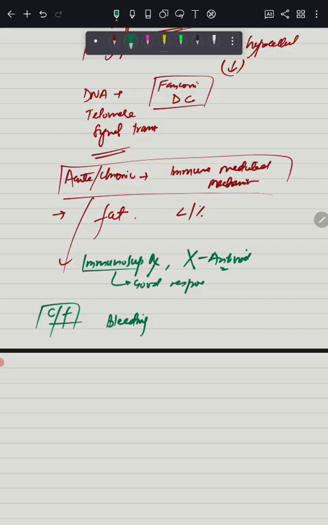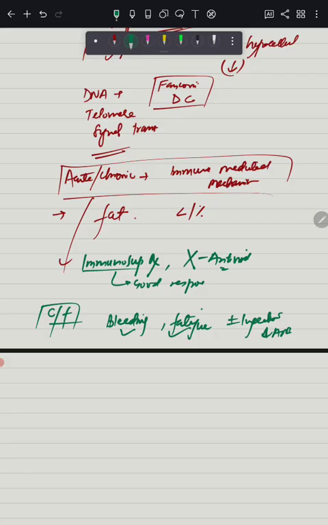So there is pancytopenia, that's why bleeding, fatigue, and systemic signs, for example fever, loss of weight, although they may indicate neutropenia related features. Fever will be because of neutropenia related infection. There can also be loss of weight, although that's not so common. So bleeding and fever plus or minus infections due to low ANC.